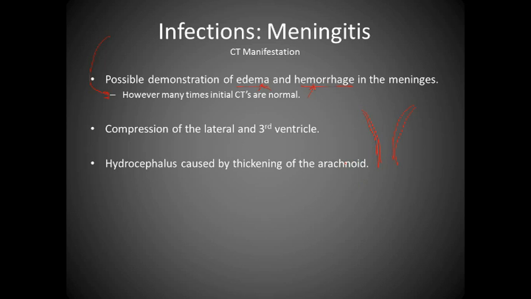And so there's a great asymmetry. That's what you're looking for, asymmetry among the lateral ventricles. You can also see hydrocephalus caused by thickening of the arachnoid. But the most prominent thing that you're going to see is the compression of the lateral and third ventricles, and possibly a hemorrhage later on.